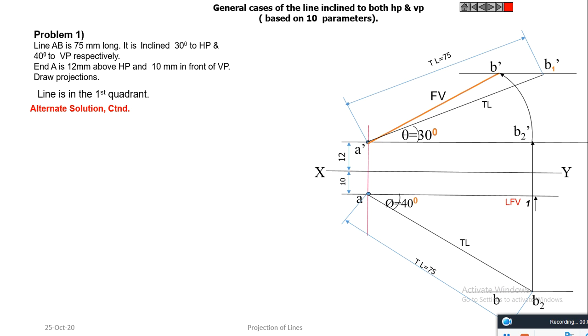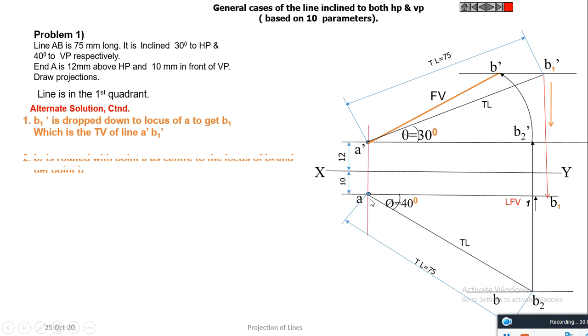An alternate method is given here. As in the previous case, we located A dash B1 dash by projecting B2 to B2 dash and drawing an arc. We get B dash. Similarly, drop a line from B1 dash downwards to cut the locus of A at B1.